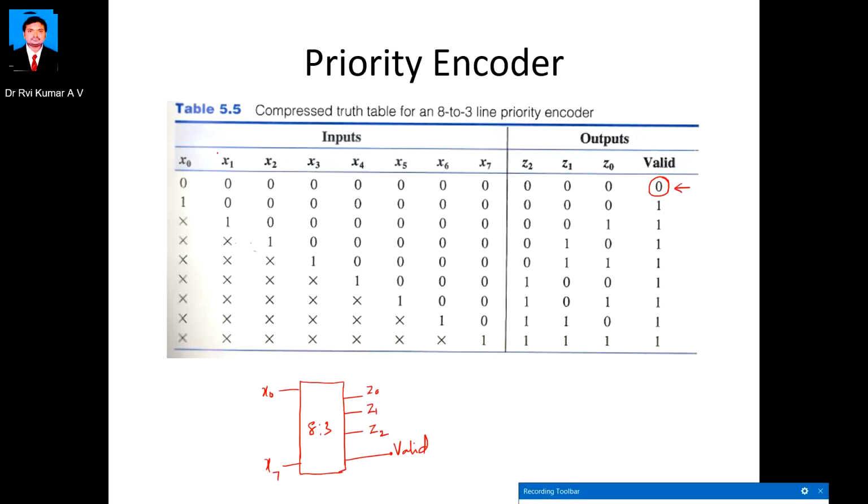Now I give x0 as 1. Here I am considering this as the highest priority, compared to x1, so it is encoded as x0. Remember, x0 is the highest priority and x7 is the least priority.